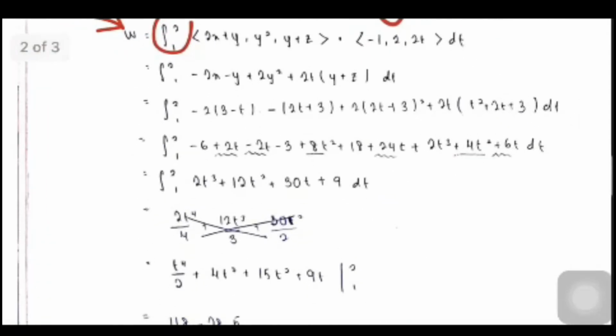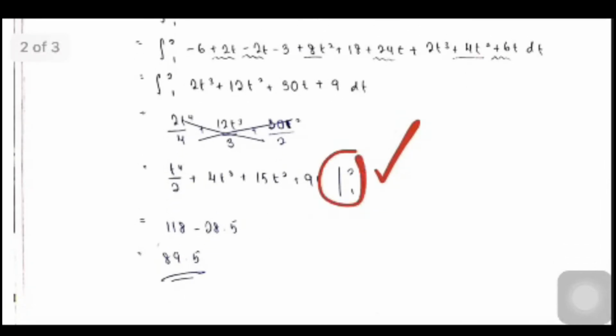Then we integrate like usual, simplify the integration, and we will get here t to the power of 4 over 2 plus 4t to the power of 3 plus 15t squared plus 9t. This is before we substitute the limit. So when we substitute the limit, we will get 89.5.